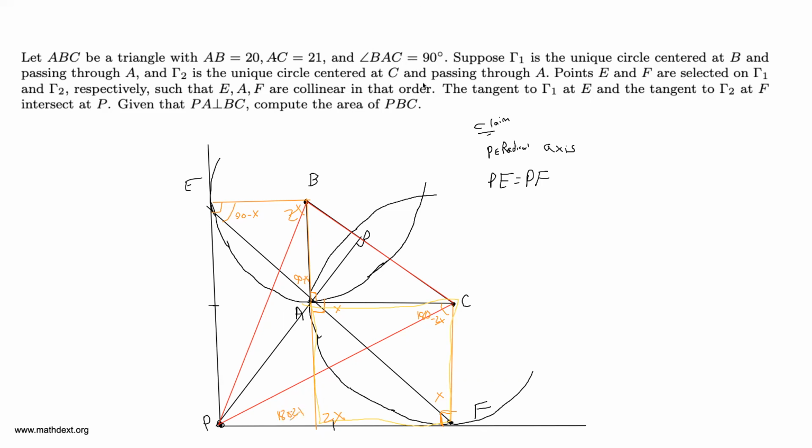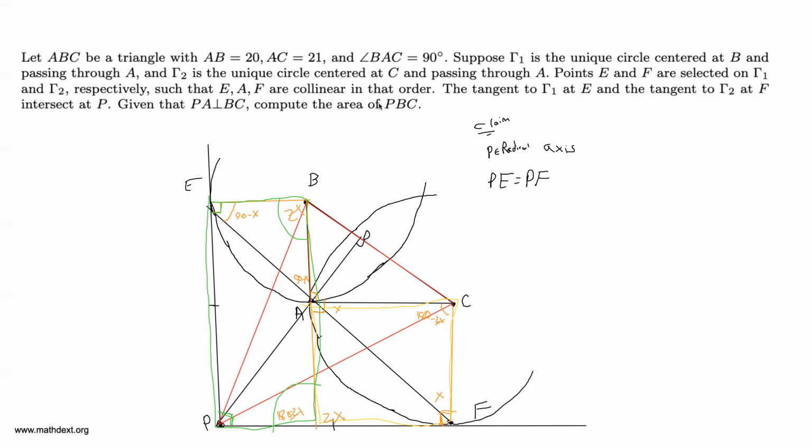Now take a look at this quadrilateral over here. This angle plus this angle is 180 minus 2X plus 2X, which is 180 degrees. This angle is right, so this angle over here must be right for the four angles to sum to 360 degrees.